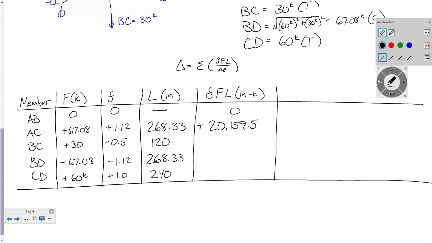Or let's say BD, it's going to be the same answer, right? 20,159.5. Positive or negative? Positive. See, you make sure you can keep track of your signs here. This is also more important when it's not asking for the deflection at the same point. You've got to keep your tensions and compressions in sync. All right? BC, sum those up. What do you got?